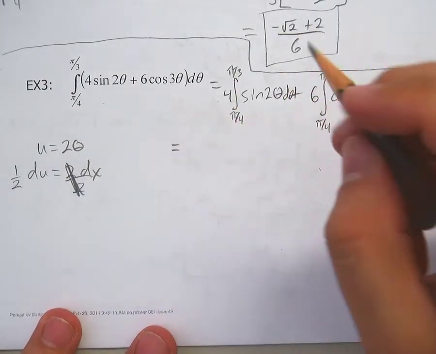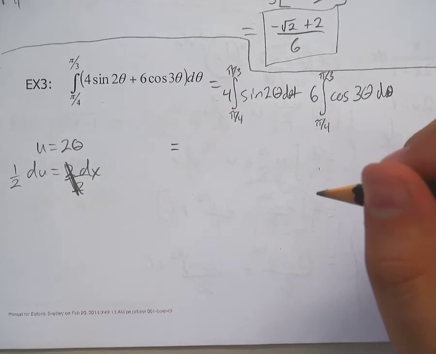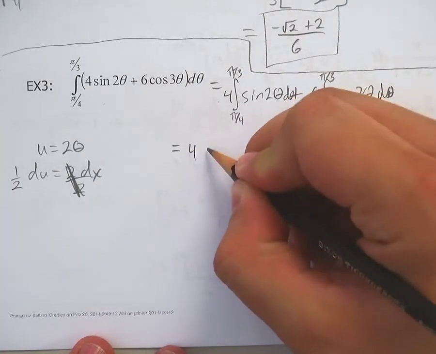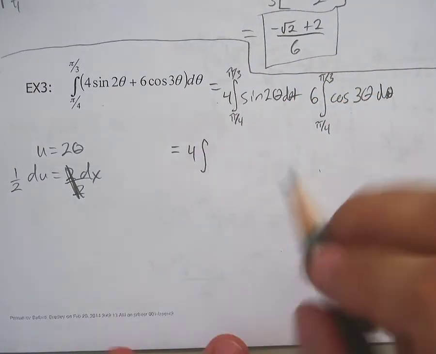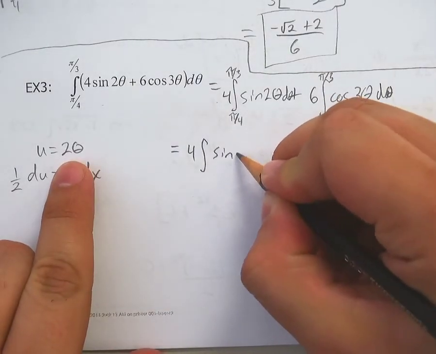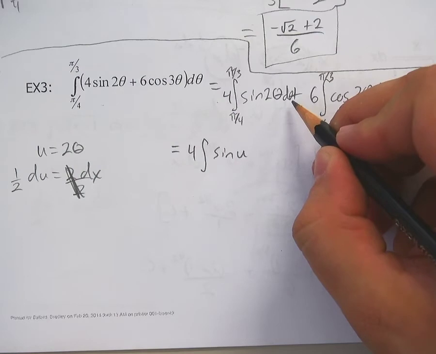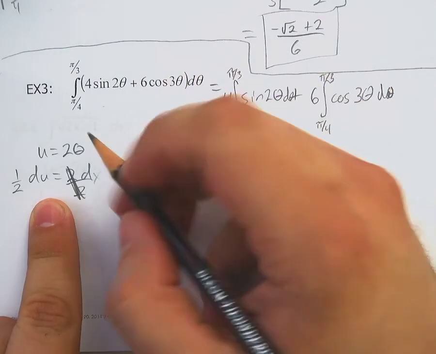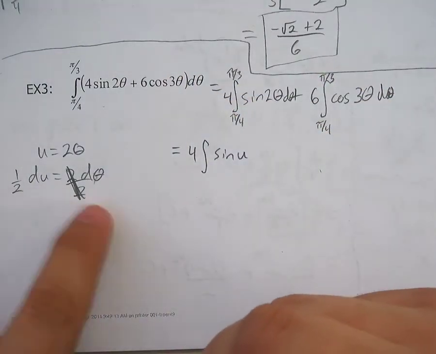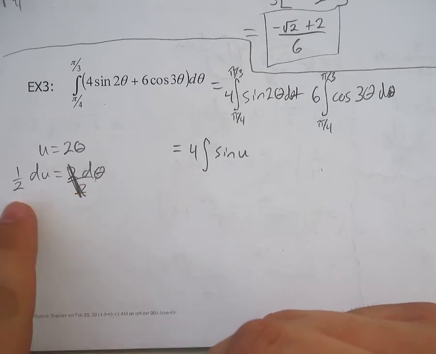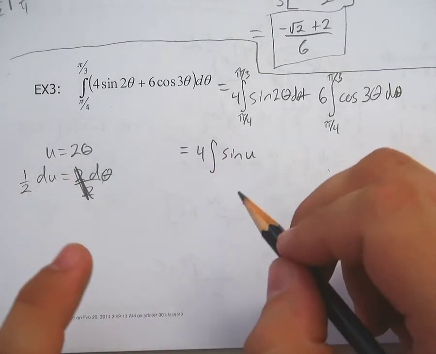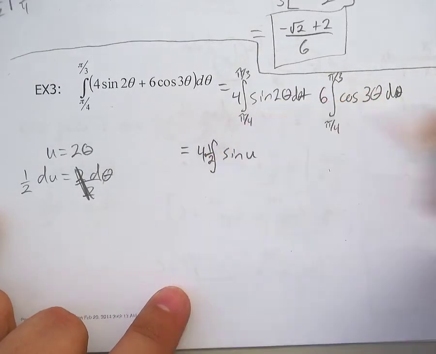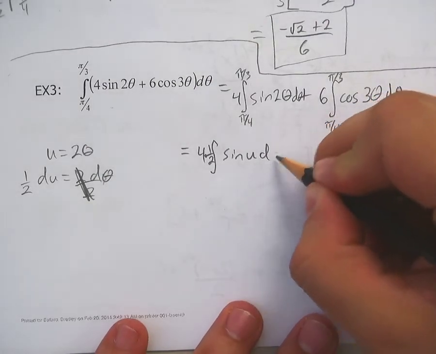We have the integral, we're still doing, oh, you know what? Hang on. For the integral of sine of u, and d theta, I put dx instead of d theta. Have I been doing that this whole time? No, okay. D theta. D theta is going to be 1/2 du. So I need my 1/2 here as well. Okay, so I'm going to put a 1/2 right here, 4 times 1/2, and there's my du.